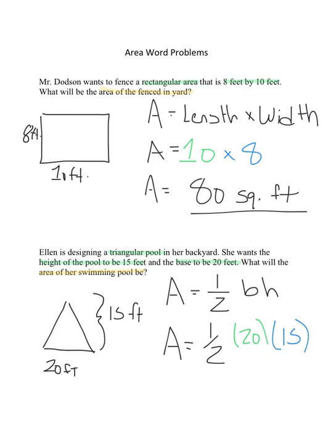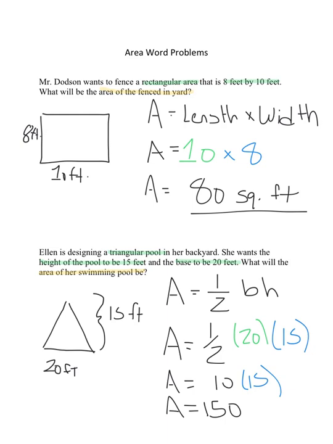And let's solve. If we multiply 1/2 times 20, we end up with A equals 10 times 15. 10 times 15 would give us A equals, the area equals 150.